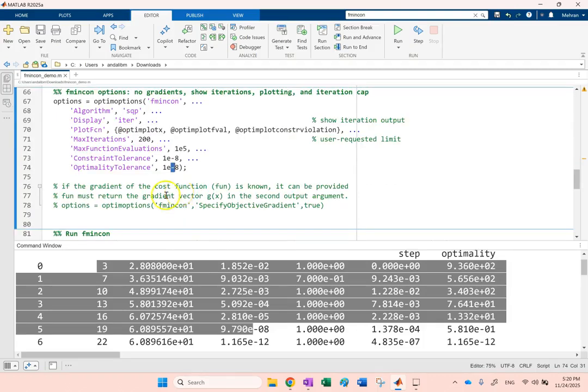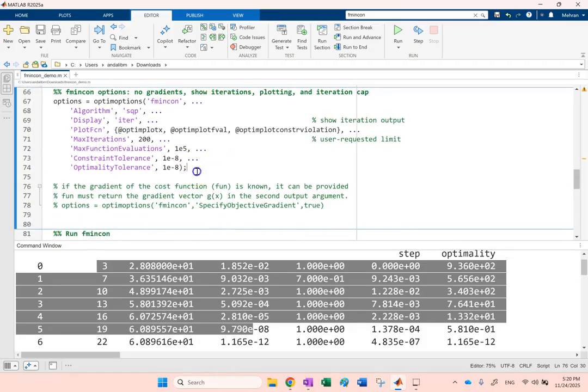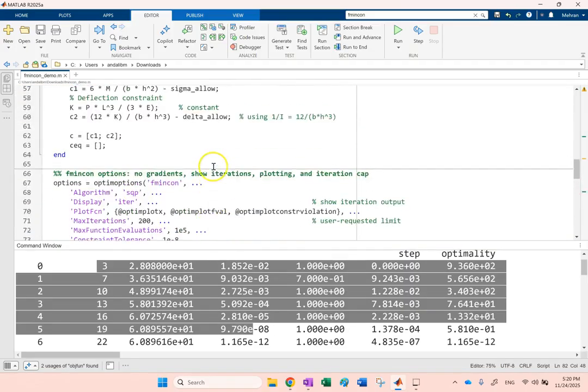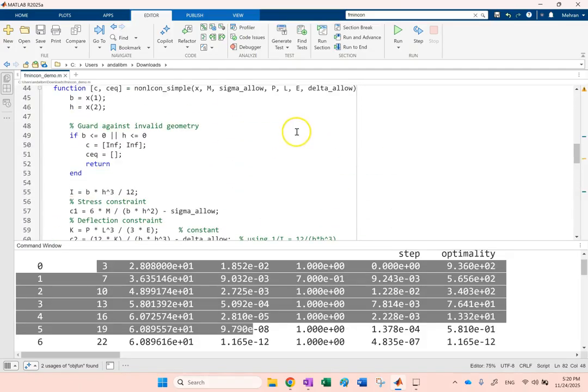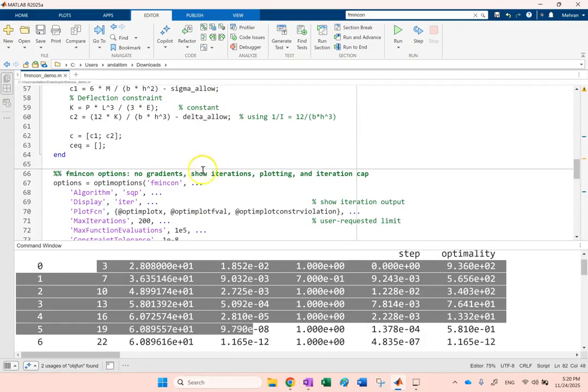Now, before I show you how to use the fmincon command, I want to mention something. This method needs the gradient of the cost function, okay? This function that you're trying to minimize, and in this case, remember, that's the mass. And sometimes it also needs gradient for these nonlinear constraints, right? Because it is going to linearize everything around the operating point.